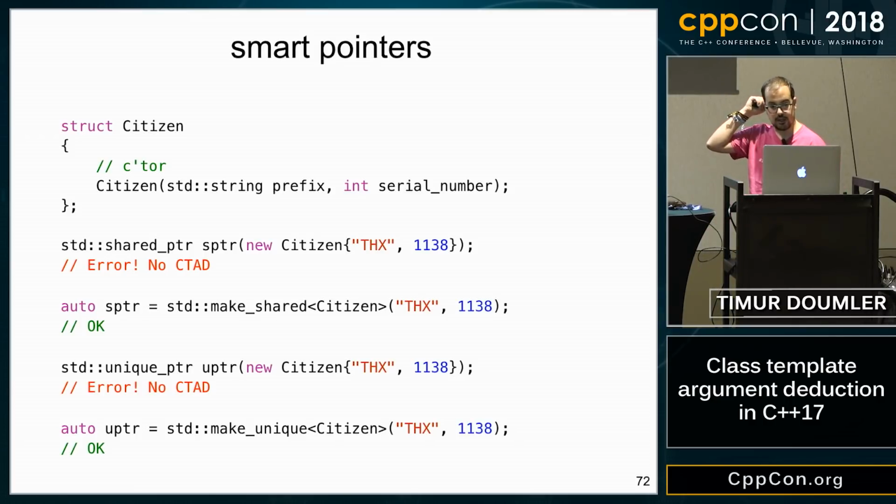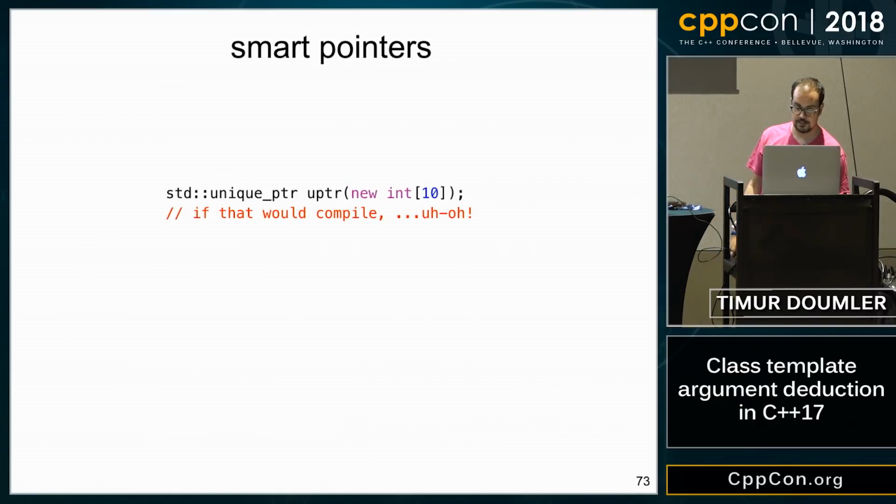And then the third reason why CTAD would be dangerous here is really nasty, and it has to do with arrays. So what would happen if that would compile, right? So you have a unique pointer, and you give it an array. And there's valid use cases for unique pointers of arrays, right? Sometimes you can use them instead of a vector, and there's good use cases for them. But in this case, this is not what you would get, right? So function arguments decay.